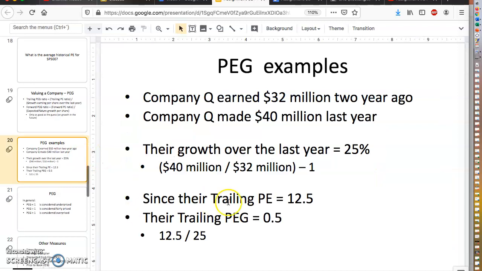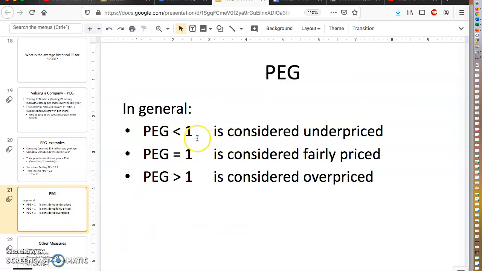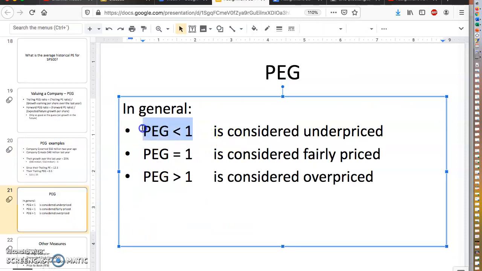So even though this is a company that has a PE of 12.5, they're growing really fast, at double that number. And if you have a fast growing company, that makes the PEG get smaller.